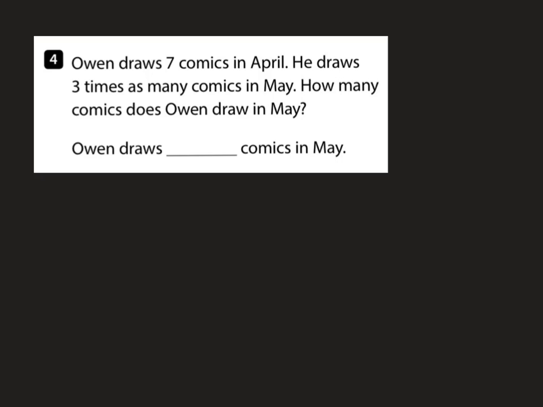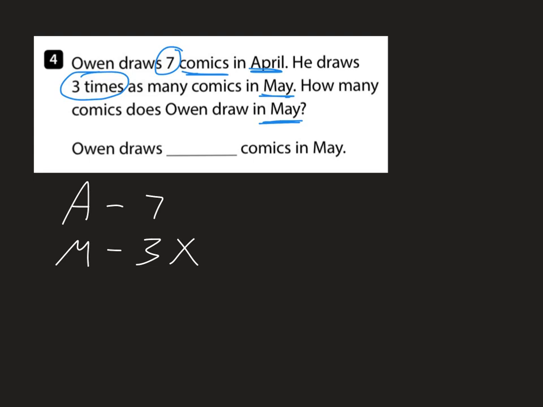All right, Owen draws 7 comics in April. He draws 3 times as many comics in May. So how many comics does Owen draw in May? All right, so we know in April he draws 7 comics, and we know in May he draws 3 times as many comics.